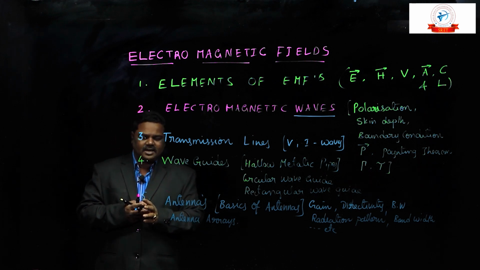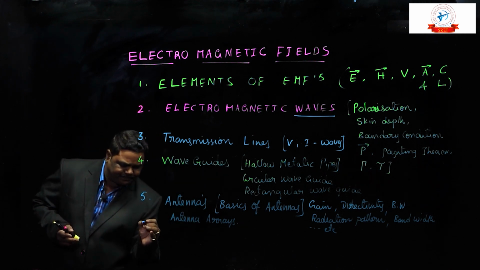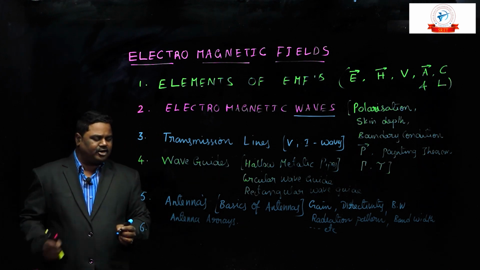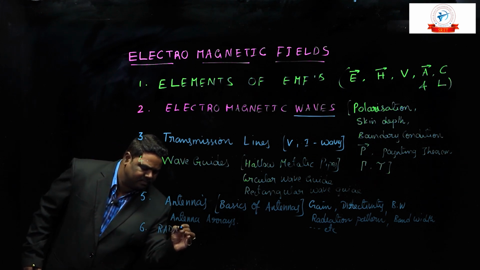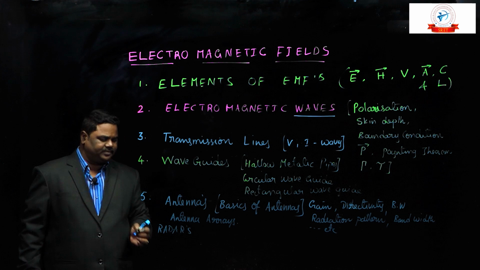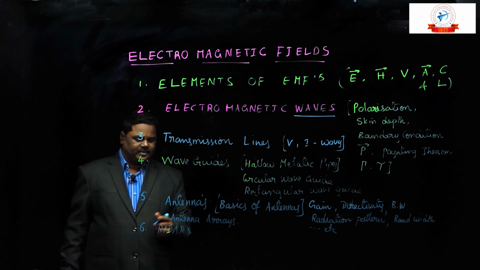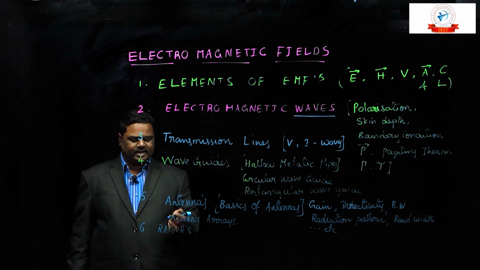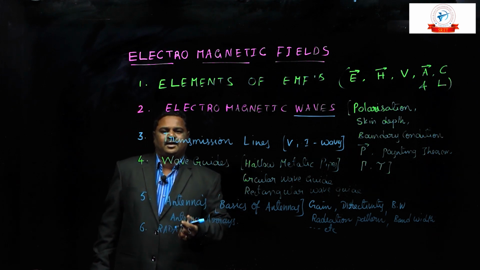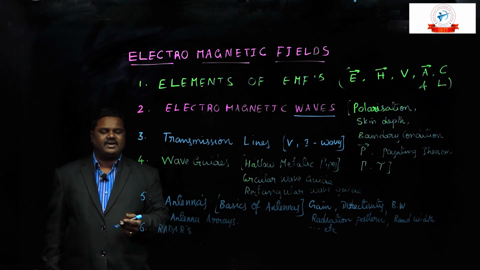Another important application of electromagnetic waves is radars. Again we will see what the basic principle used in radars is, and how different radars are used for different applications.